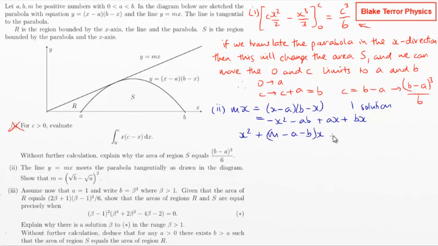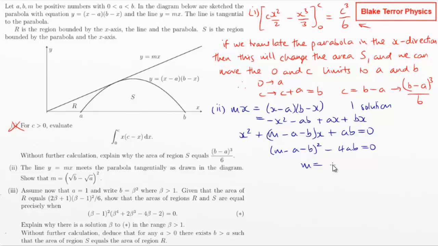They're our x terms. And then we've got a plus ab. That has to all equal 0. We want one solution, so we want our b squared, m minus a minus b squared, minus 4ab, to equal 0 for our one solution.